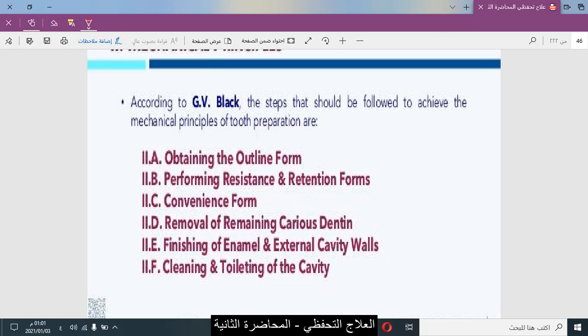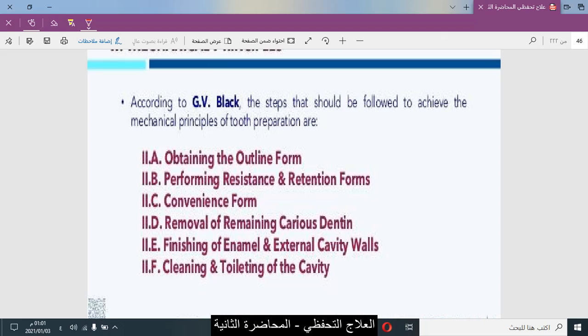We select a smaller size cylindrical fissure bur to cut through the fissures, and we extend through the fissures, as we told before, not exceeding 1/4 or 1/3 the dimension of the triangular ridge from the tip to the center of the grooves. This is the situation, and also we take the bur parallel.